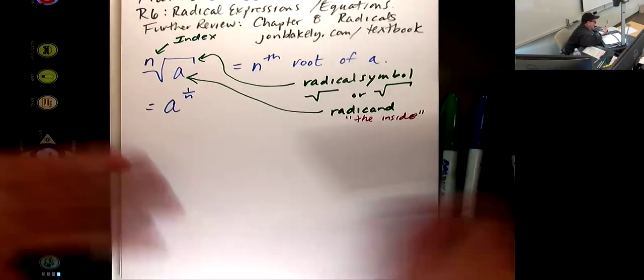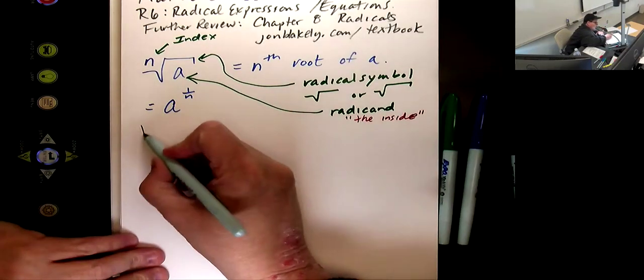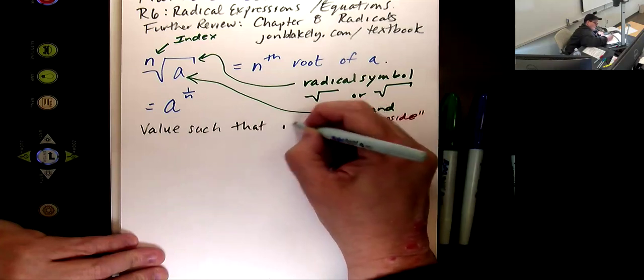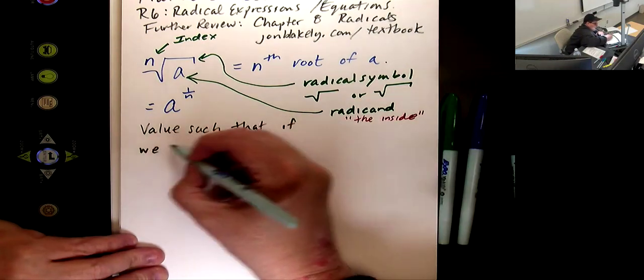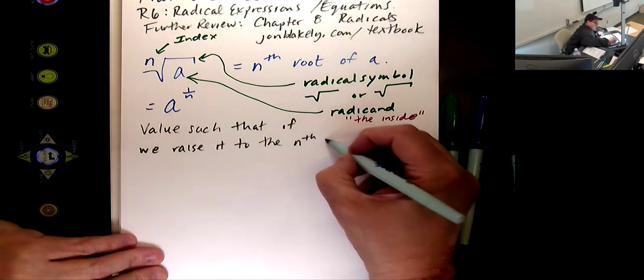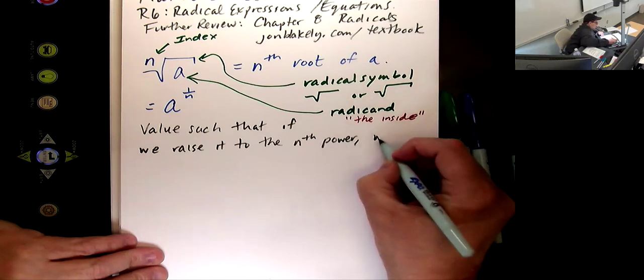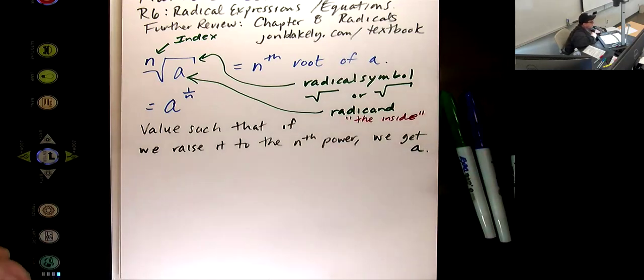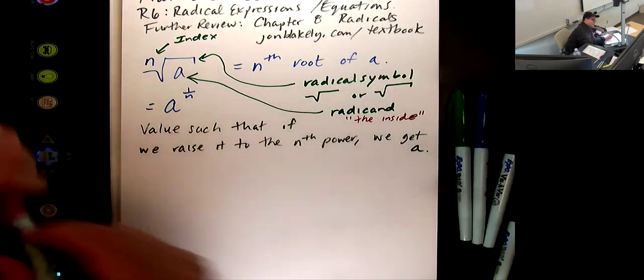And it is the value such that if we raise it to the nth power, we get A. What does that kind of mean in symbols?